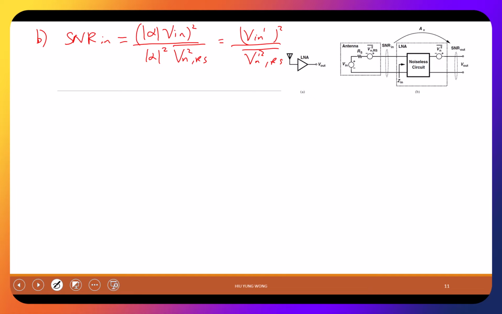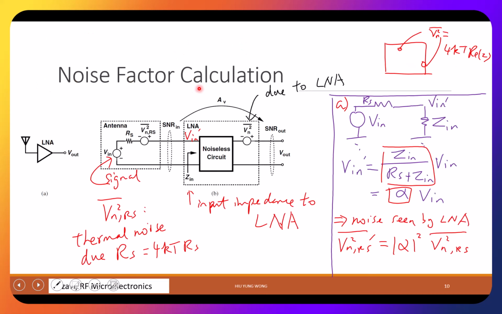If no, then I will ask what is the signal to noise ratio at the output. This is very important. What is the signal at the output? First you have V in times alpha, which is the input to the amplifier.